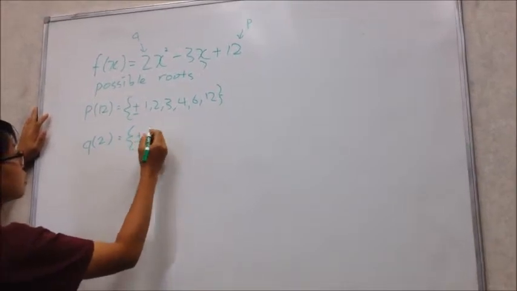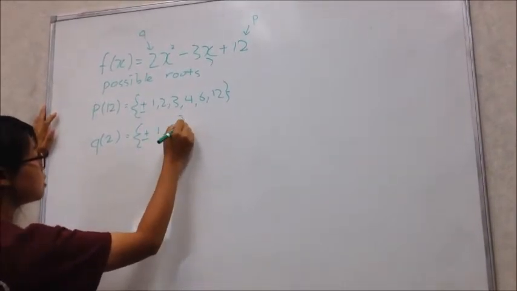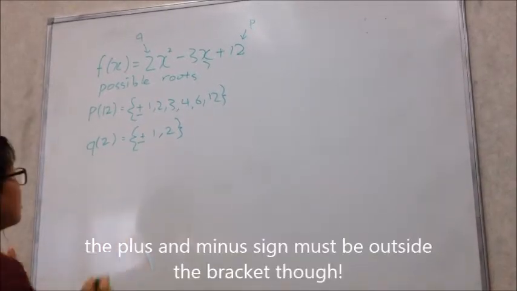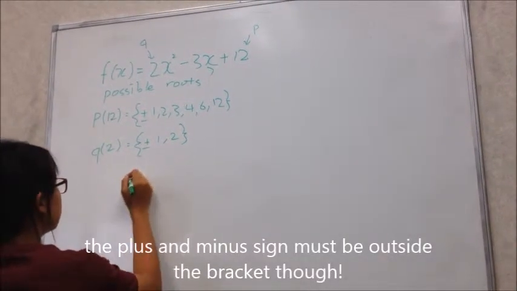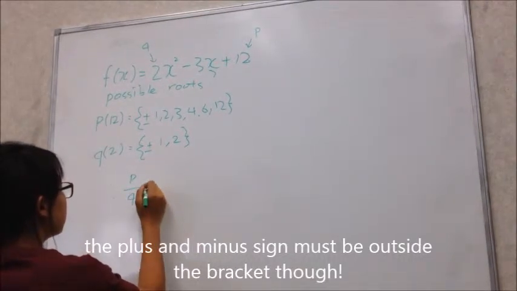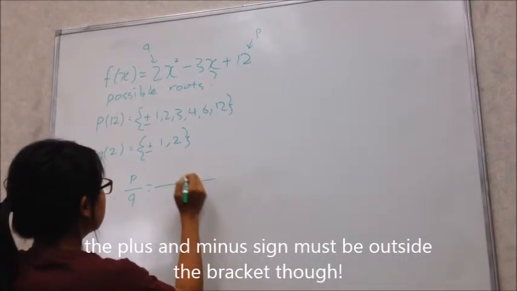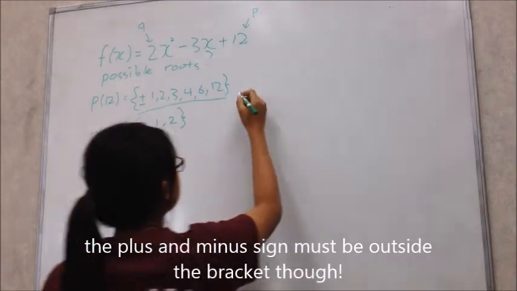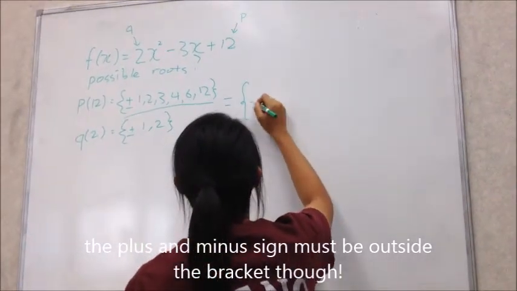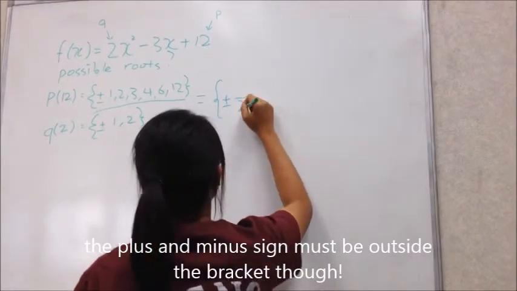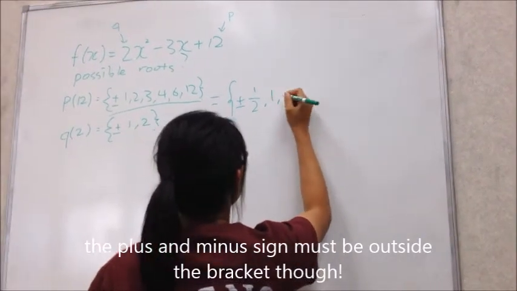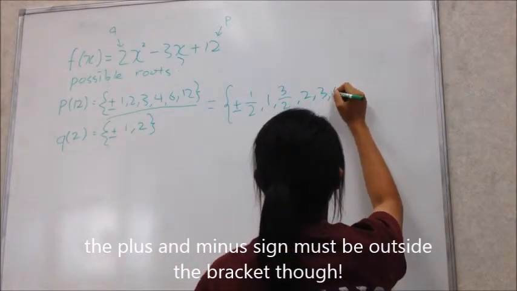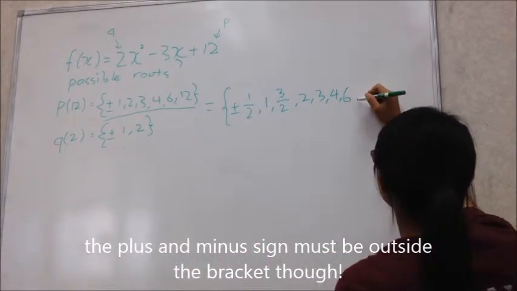And factors of q, 2, are 1 and 2. Then you put all the numbers on p divided by q. Then the possible roots come out, which are plus or minus 1/2, 1, 3/2, 2, 3, 4, 6, and 12.